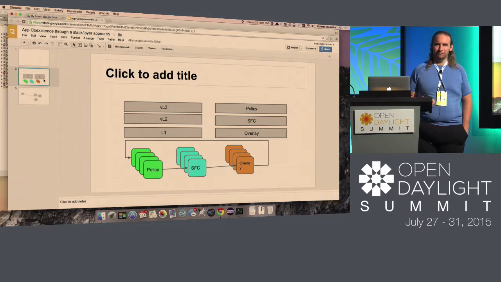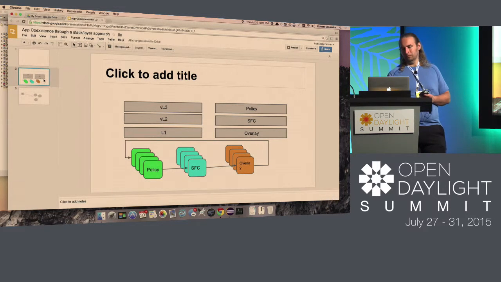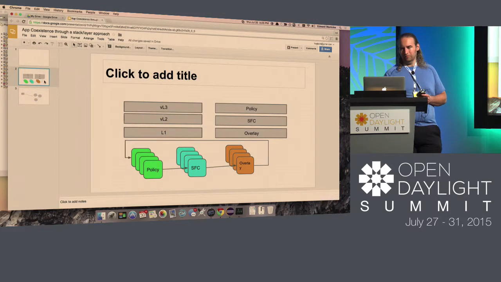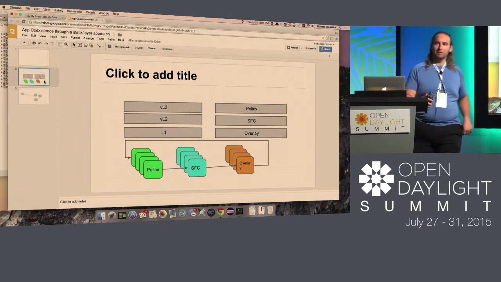And then that one may end up being another pipeline of its own. So that captures this, and it has a good mapping to the overlays in that sense. We can call this an overlay of ODL services instead of a pipeline, for instance. That might be a possible way you could express it.